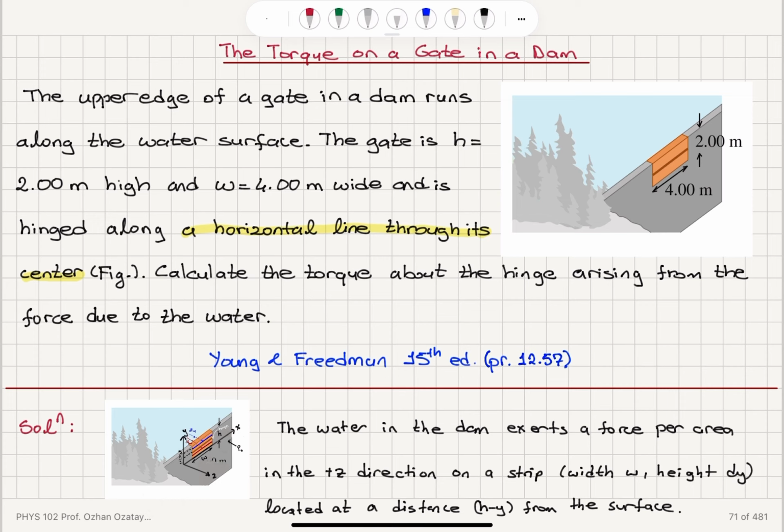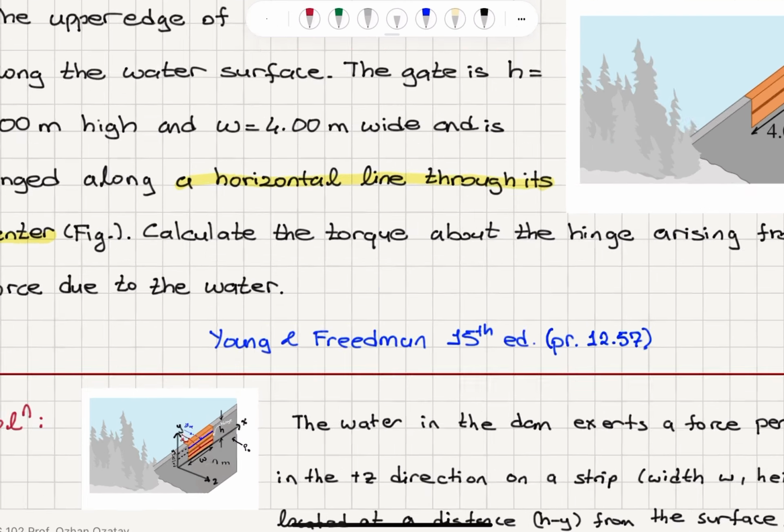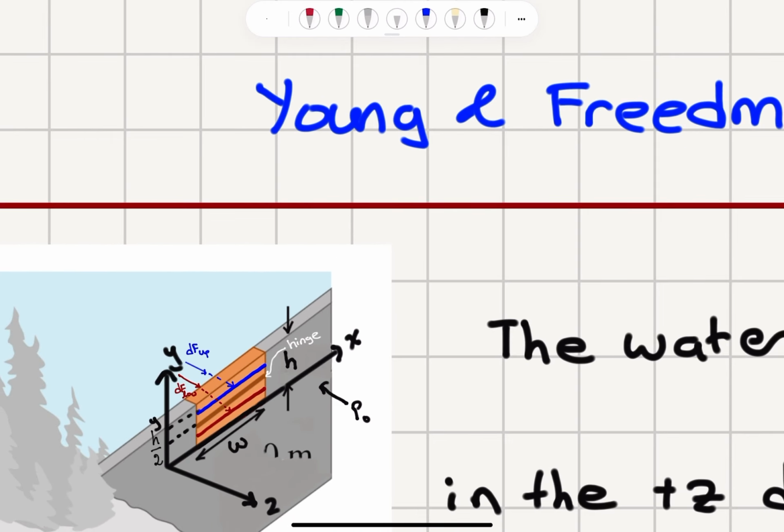Okay, now how does the pressure vary with y? Well, we have the outside pressure P0, and then when we go into the water to a distance h minus y, there will be rho g (h minus y) additional pressure at the level of this segment. And on the other side of the dam, of course, we have air pressure as well.